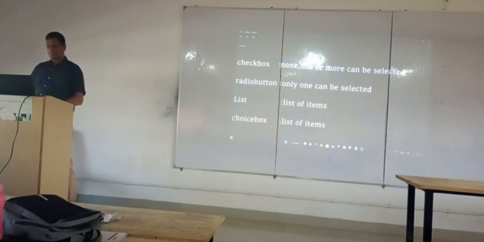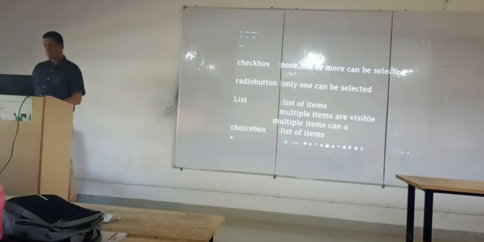The difference is, in a list box one or more items are visible and multiple items can also be selected.